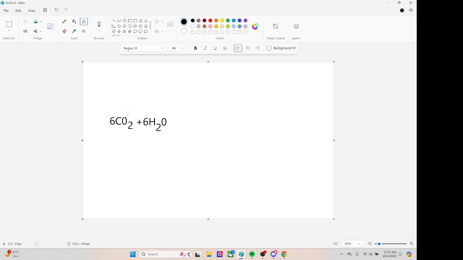Right, so you basically have carbon dioxide and water. It goes and gets turned into glucose and oxygen. This is photosynthesis, right?